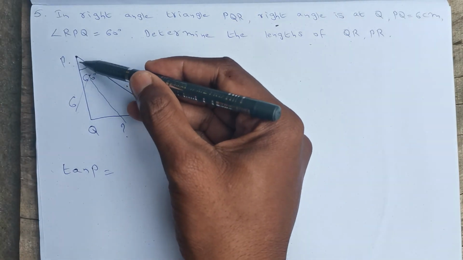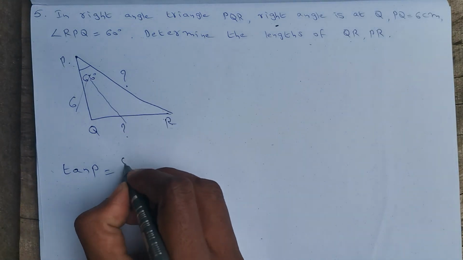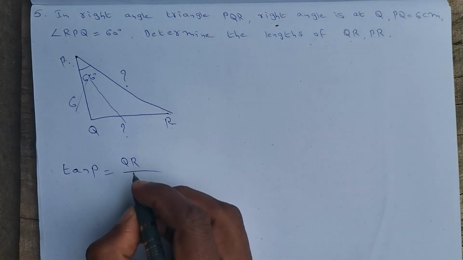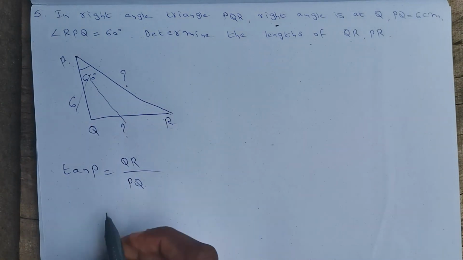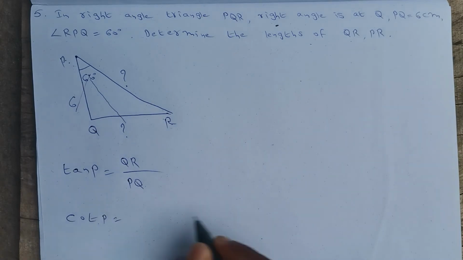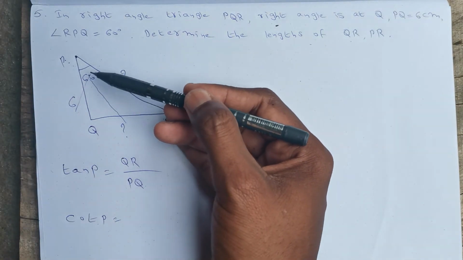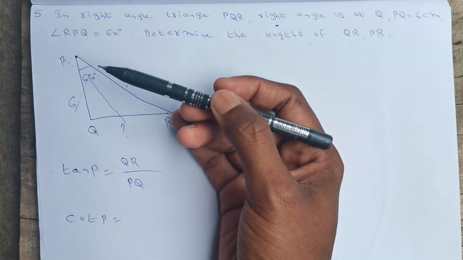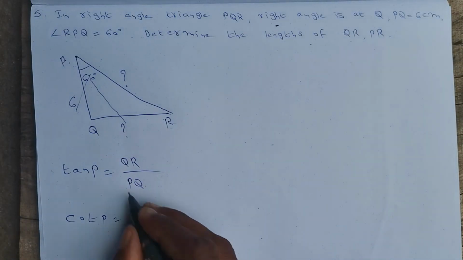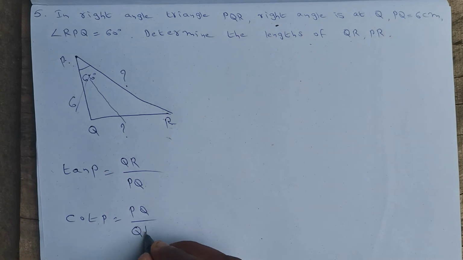So for this P, opposite is QR divided by adjacent PQ. Instead of taking tan P, if you take cot P also, you will get the same. Cot P is adjacent by opposite, so PQ by QR. In these two cases, we will get the same answer.